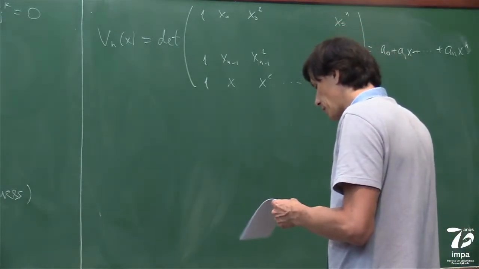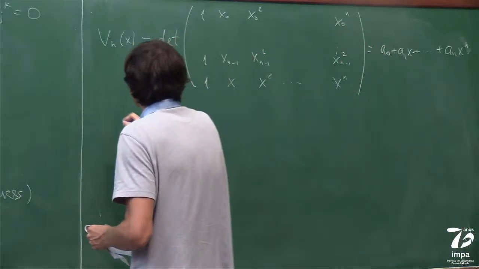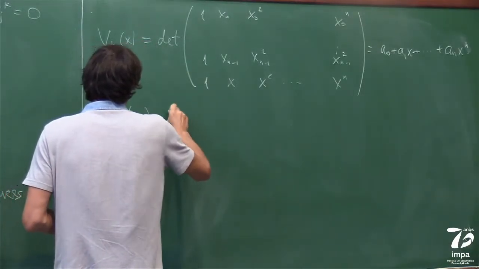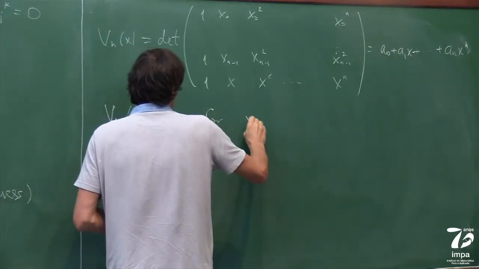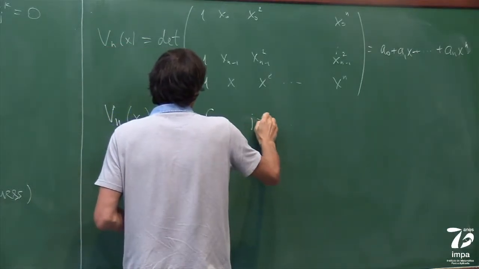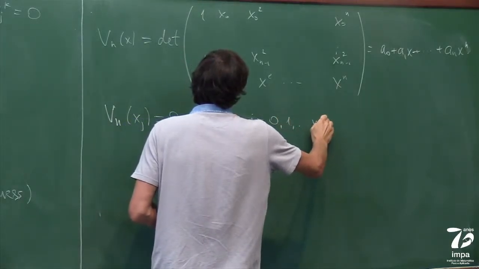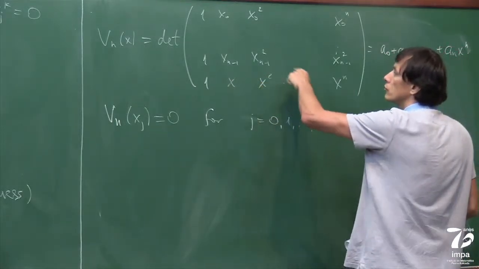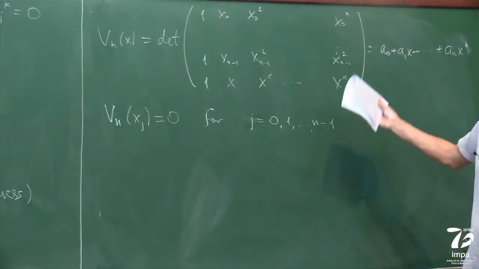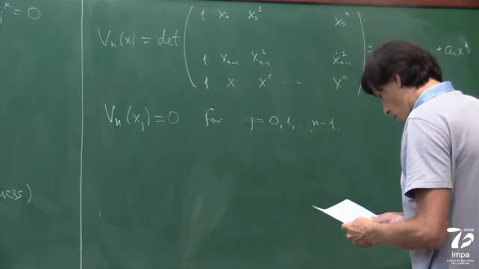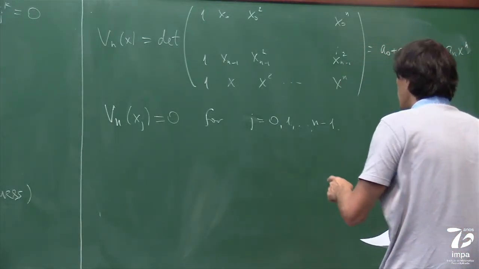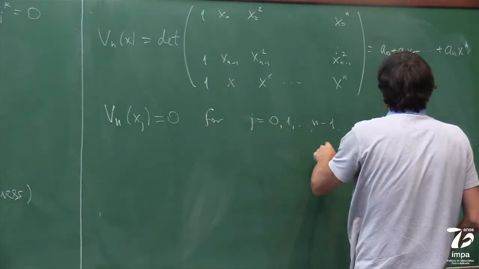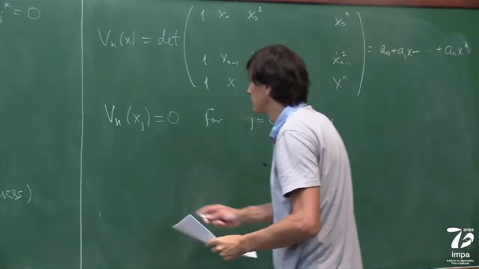So what we know from this polynomial is that Vn of xj is 0 for j equal 0, 1 until n minus 1. Whenever you put xj in the last row, you have a repeated row, so the determinant is 0. Which means that all of them are roots of this polynomial, and these give n roots, so we can factorize this polynomial.